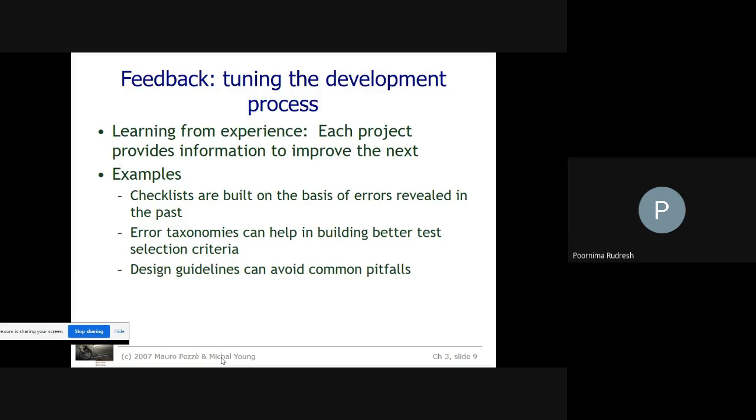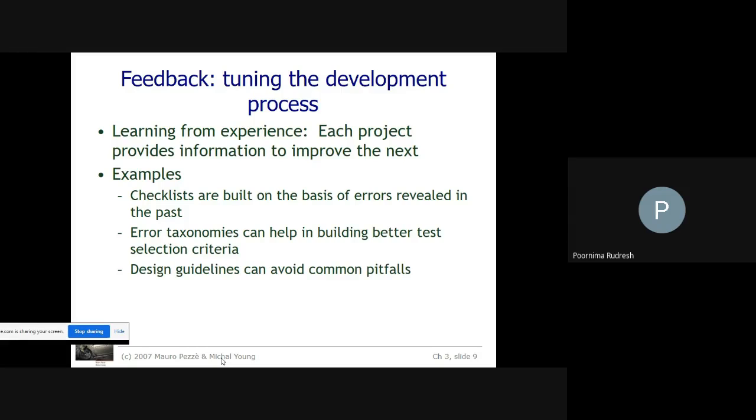And design guidelines can avoid common pitfalls. Whenever the design team is designing the system, a set of guidelines is given, and all the developers or designers should follow those guidelines. If everyone involved in designing follows them, then we can avoid the pitfalls.